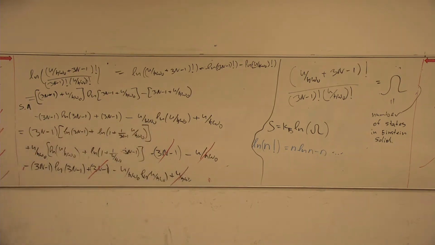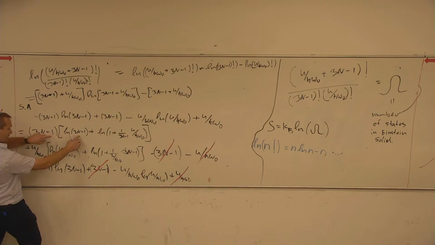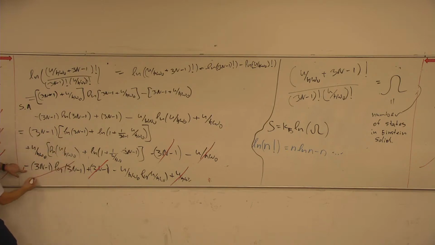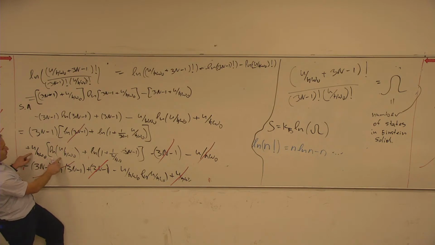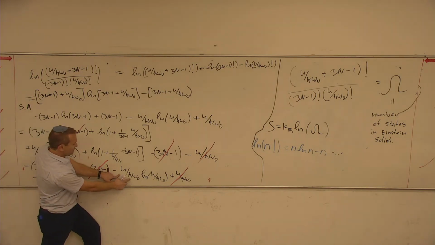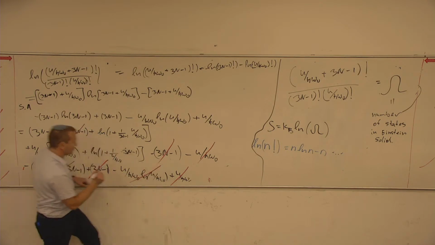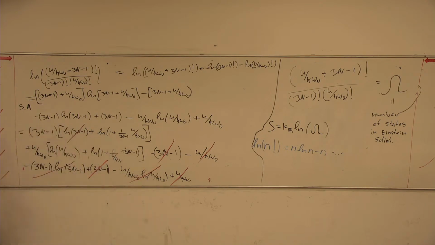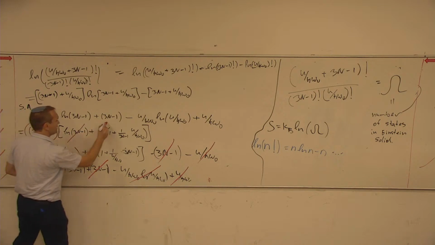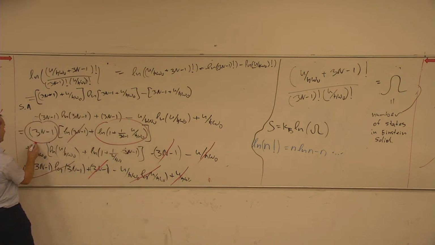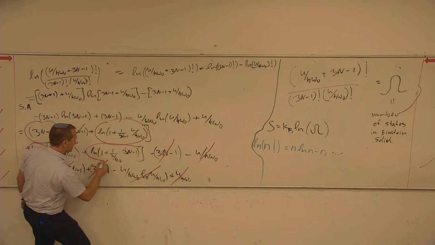Here we have (3n − 1) multiplied by log of (3n − 1), and we have minus, so this kills that. And u/ħω₀ ln of u/ħω₀ appears in both places, so they cancel as well.